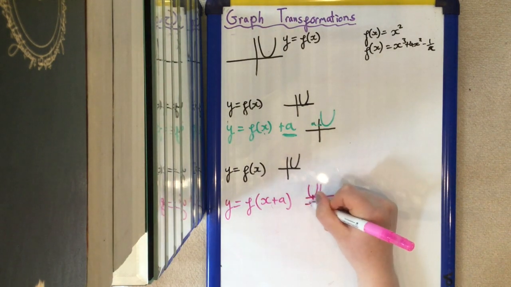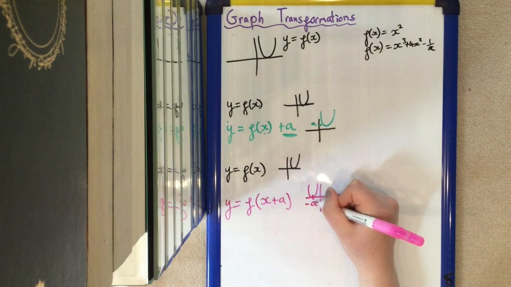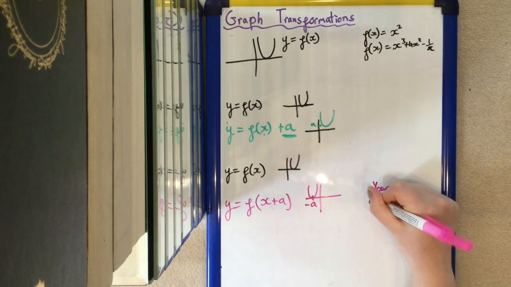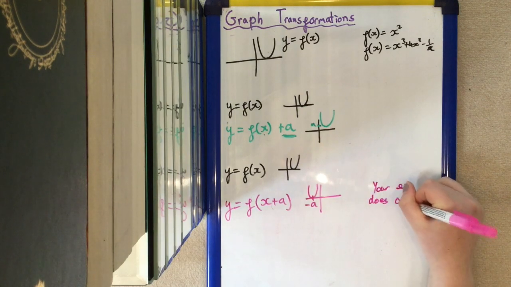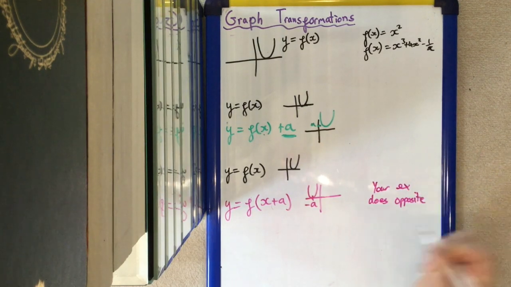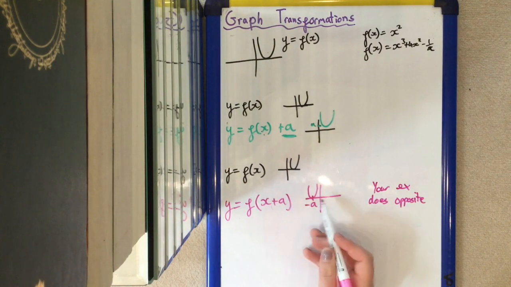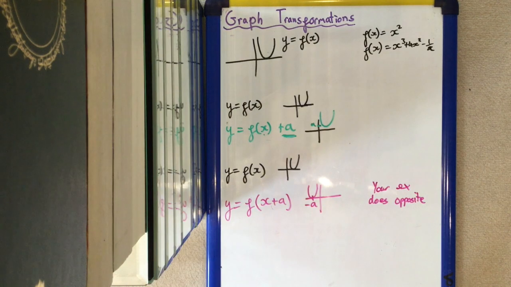But in this case, this x-coordinate will be minus a, because your x does the opposite to what you want. So in this case, this x plus a causes a translation in the negative direction.